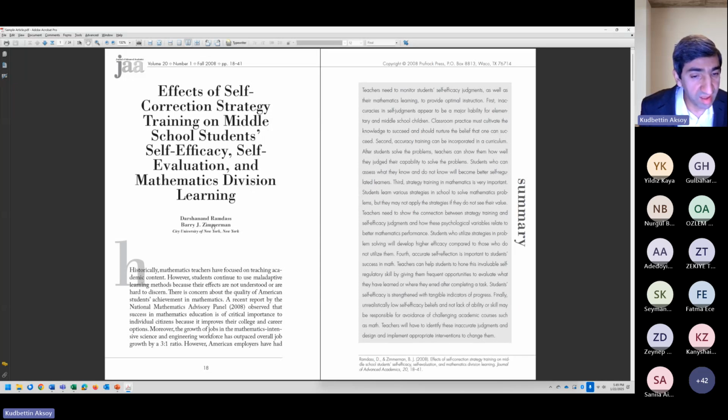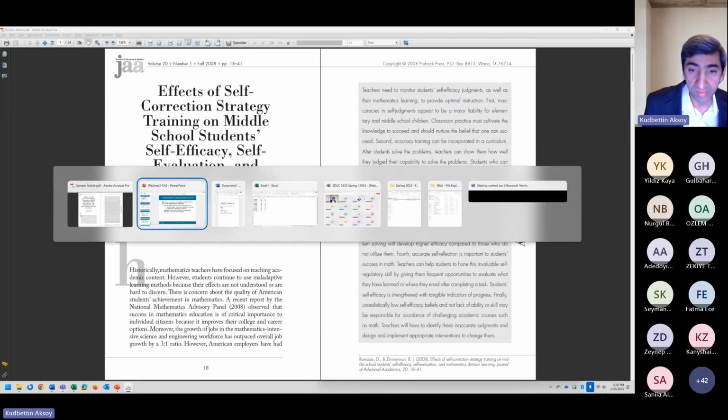Number 2, this guy, Zimmerman, is one of the leading researchers in social cognitive theory. And it's easy to read. These other studies are more complicated. This is much easier to understand. So first, you can read the literature. As we discussed last week, a literature review has an hourglass shape.